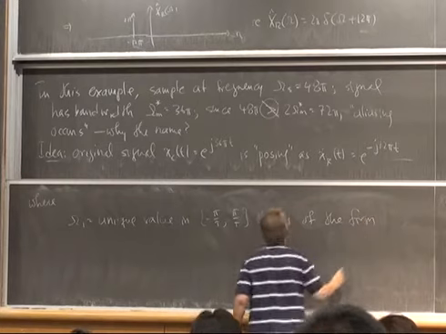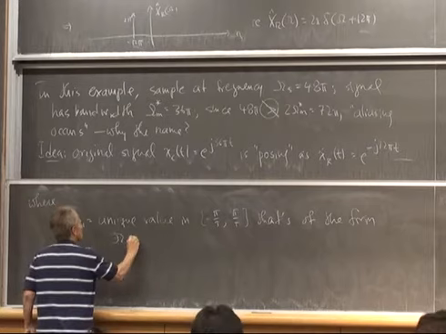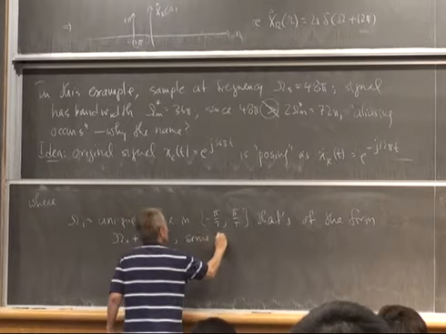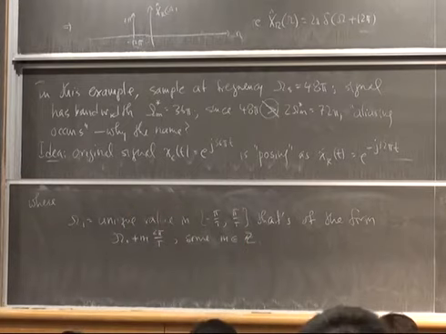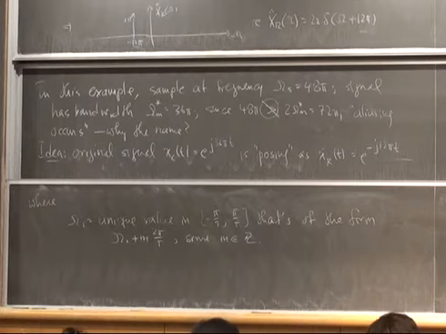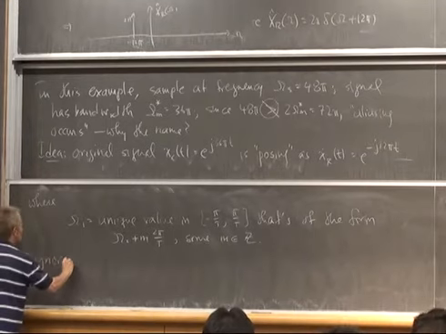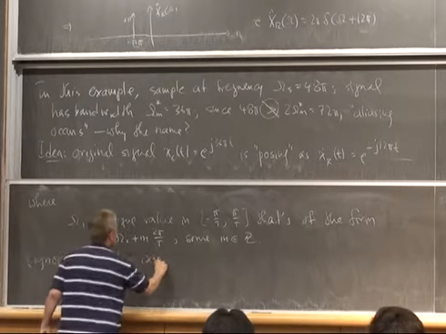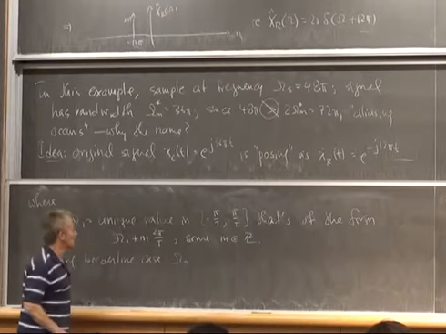So it's of the form omega 0 plus n times 2 pi over T for some integer n, positive, negative, whatever. And this, by the way, assumes that we're ignoring the borderline case for now. There's going to be a homework problem on this. We're ignoring the borderline case where omega 0 is an odd multiple of pi over T.